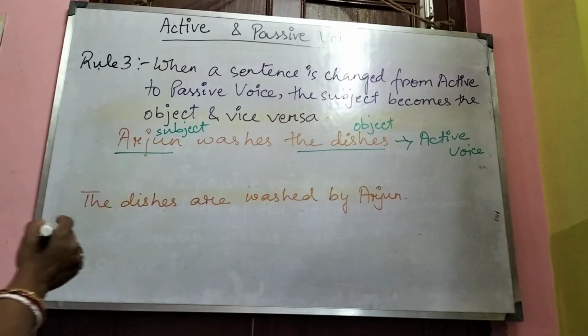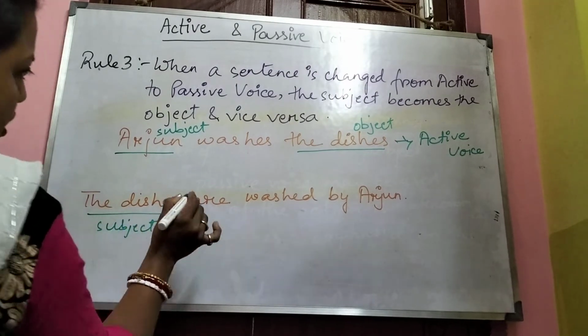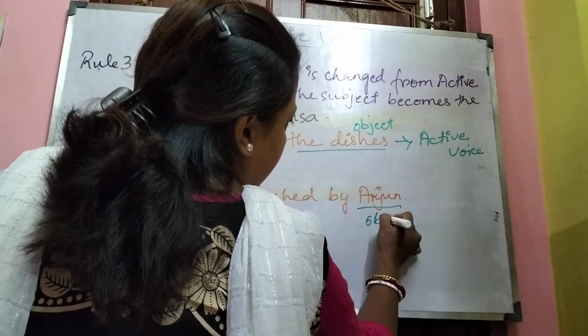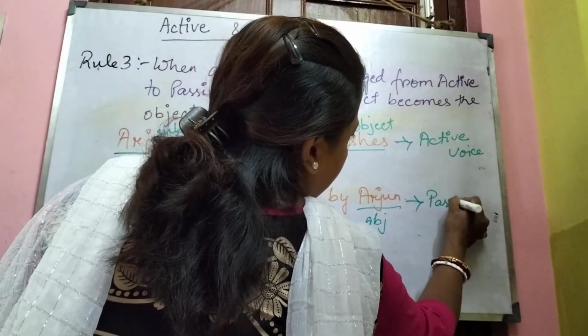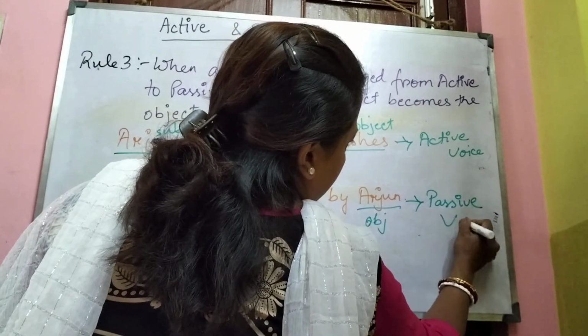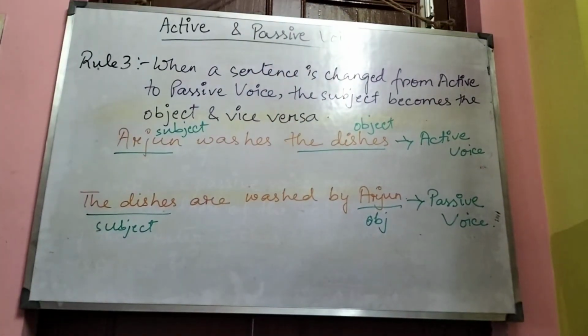Now what do we see here? Here the dishes is subject and Arjun is object. The sentence is in passive voice. Okay, so what do we see?